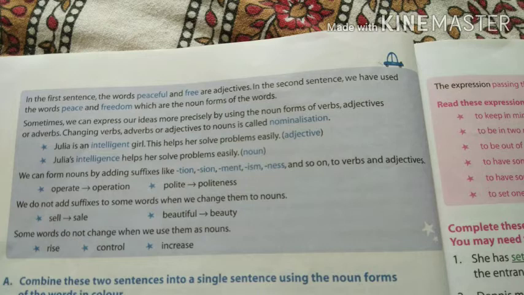This is what we are going to see in this section, nominalization. You can learn by heart that changing of verbs, adjectives, or adverbs into a noun is called nominalization.